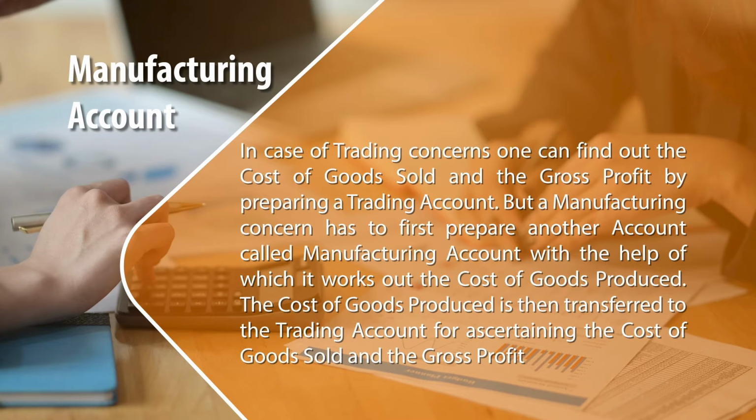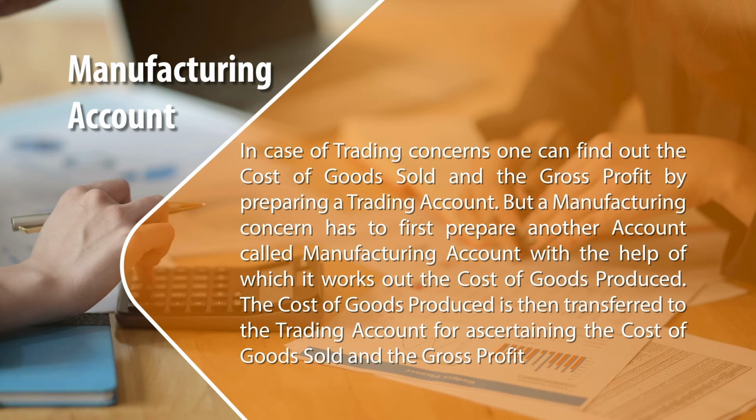But a manufacturing concern has to first prepare another account called manufacturing account, with the help of which it works out the cost of goods produced. So this is the difference between trading account and manufacturing account. If we prepare manufacturing account, we can easily come to know about the cost of goods produced.